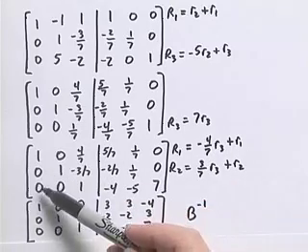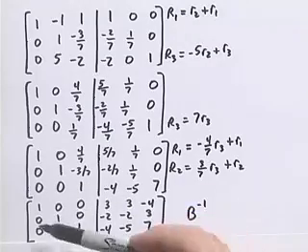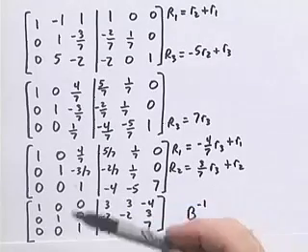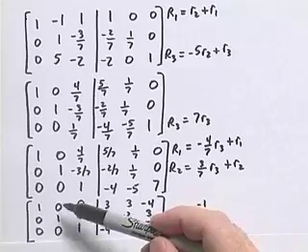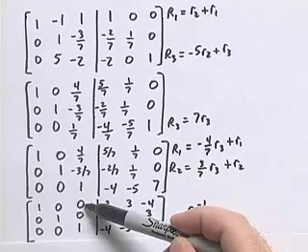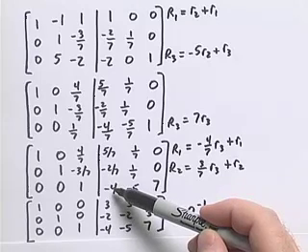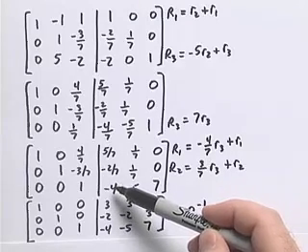Negative 4/7 times 0 is 0, plus 1 gives us 1. Negative 4/7 times 0 plus 0 is still 0. Negative 4/7 times 1 plus 4/7 gets us 0. Negative 4/7 times negative 4, it's going to give us a positive 16/7.